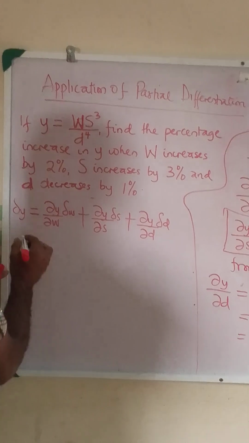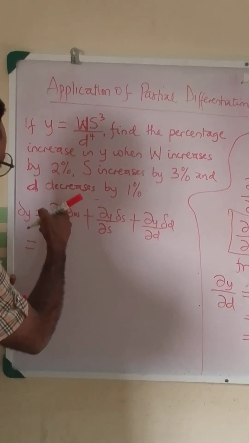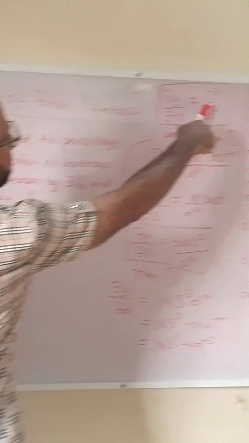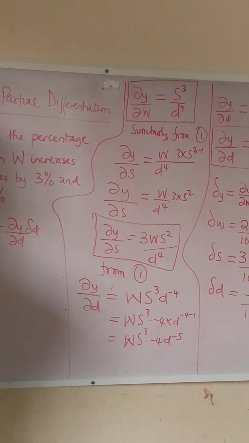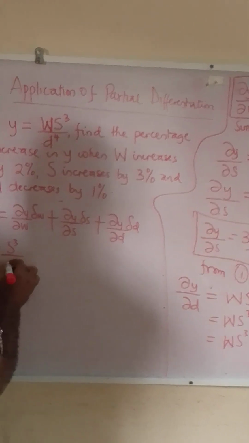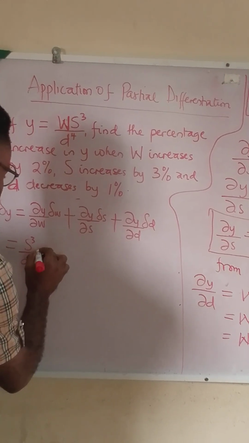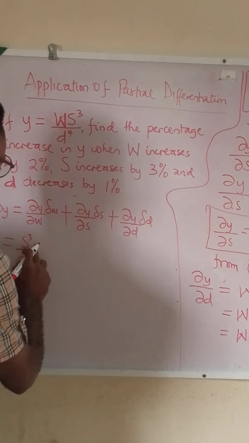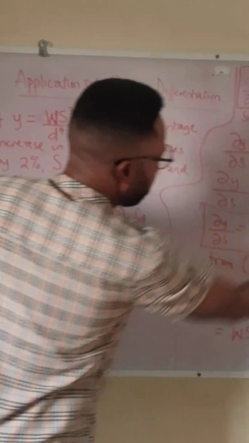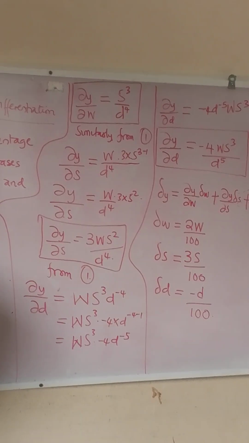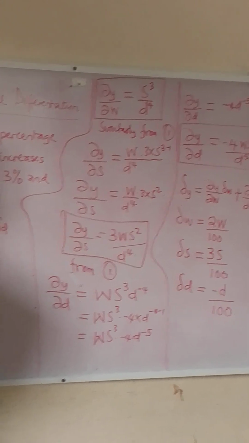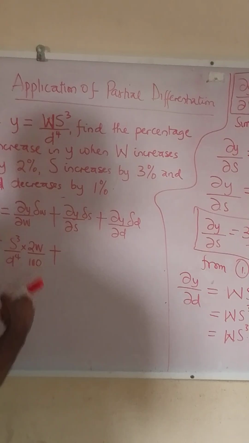So we bring in the values now. Partial derivative of y with respect to w is this, so we write that value, s cubed over d raised to the power 4, times our change in w is 2w over 100, so we write 2w over 100, plus, we are done with this, we enter this.